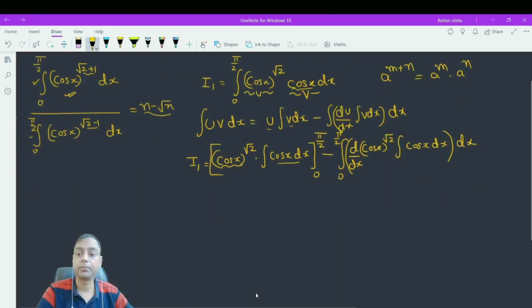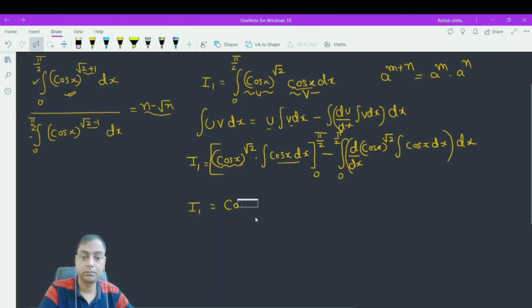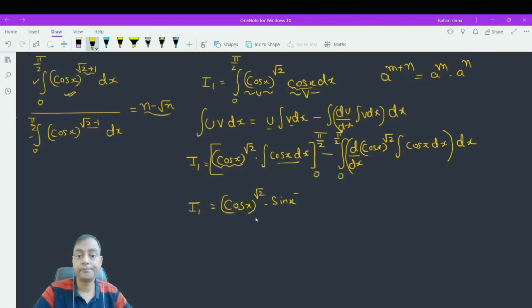Now simply putting the values of the integral of cos x dx and d by dx of cos x raised to root 2, what we find? We find this as cos x whole raised to root 2 into sin x, with limit from 0 to pi by 2.